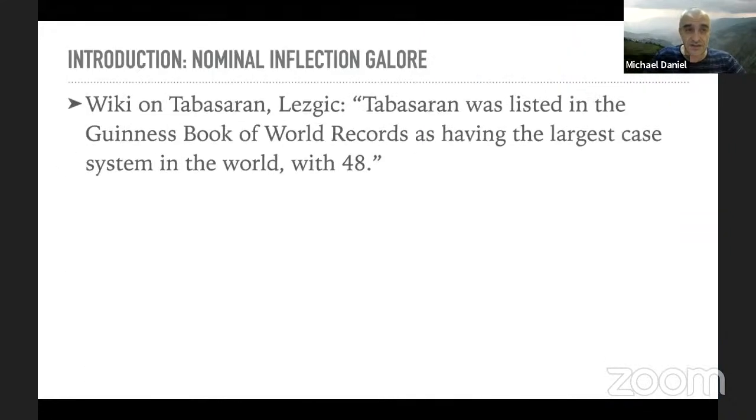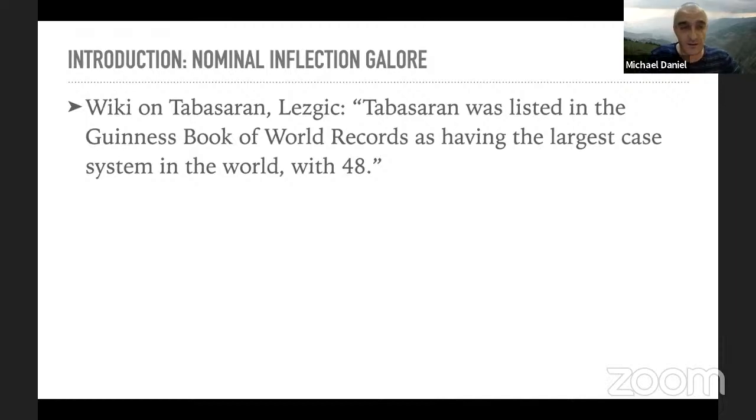There is this quote picked up by many people at different times in discussion of Daghestanian nominal inflection, which is also quoted in Wikipedia on Tabasaran. Tabasaran was listed in the Guinness Book of World Records as having the largest case system in the world with 48 cases.